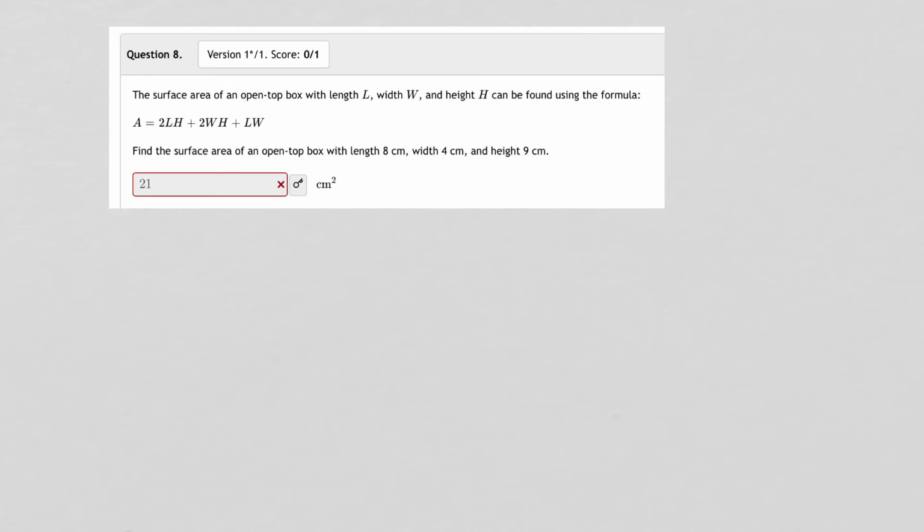On this one, they say that the surface area is 2 times your length times your height, plus 2 times your width times your height, plus length times width. They also tell us that our length is 8, our width is 4, and our height is 9. So L is 8, W is 4, and H is 9.